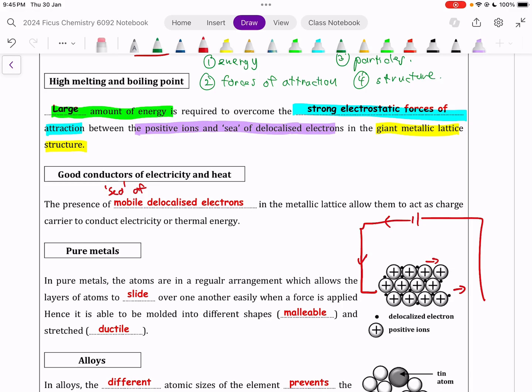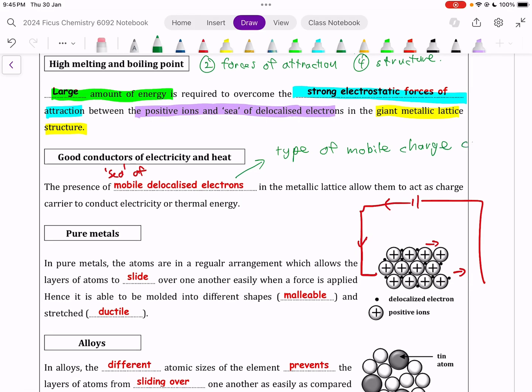So basically you're going to mention the type of mobile charge carriers. In this case it is the mobile delocalized electrons. For ionic bonding, there are cations, I mean the oppositely charged ions, as the carriers. So you got two types.